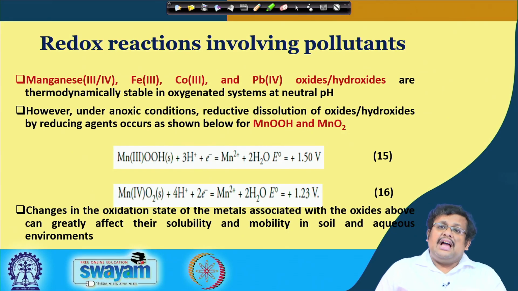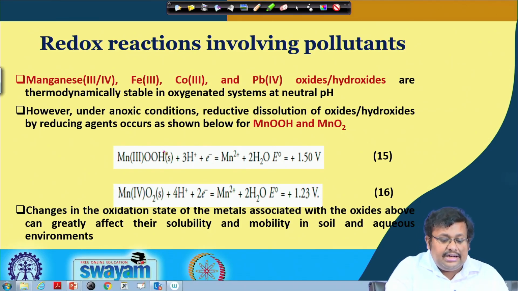Now, here I have shown two examples. Here you can see the reduction of Mn(OH)3 and MnO2 and how it happens. This Mn3 hydroxide, which is a solid, when it is getting reduced it produces Mn2 plus. And when MnO2, the Mn4, gets reduced, it also produces Mn2 plus.